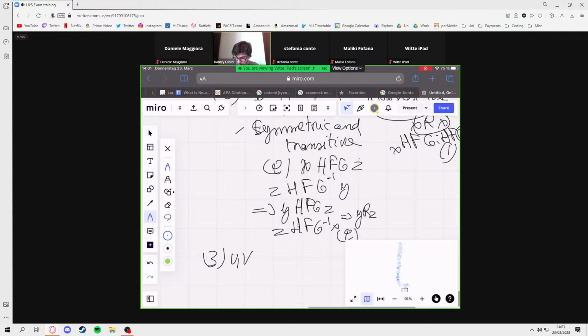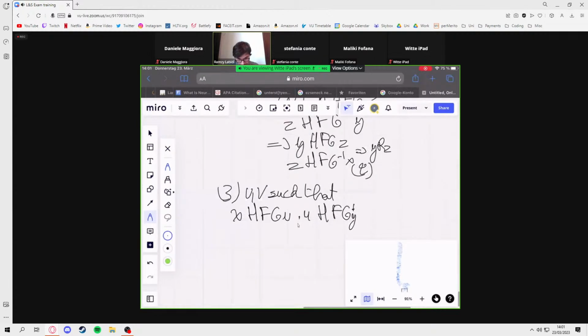There's U and V such that X has final grade U, and then Y itself has final grade V, and V itself is the grade of Z. So we know X could have the grade U and U could be the grade of Y as well.